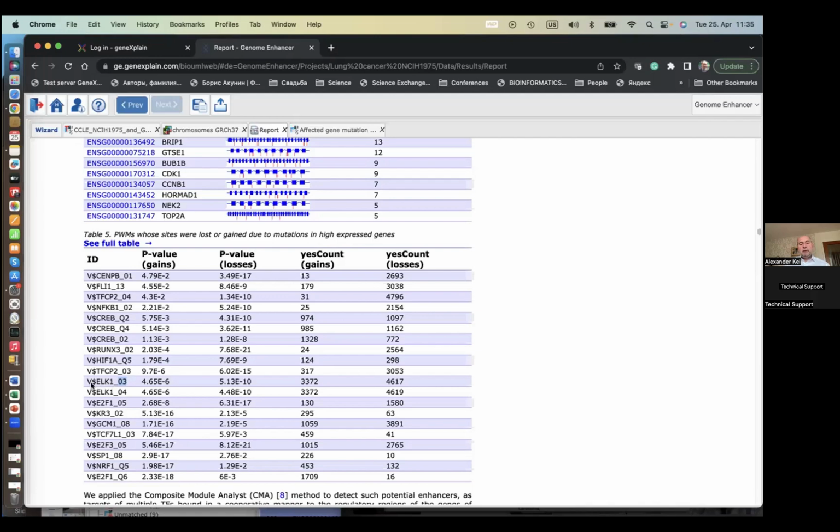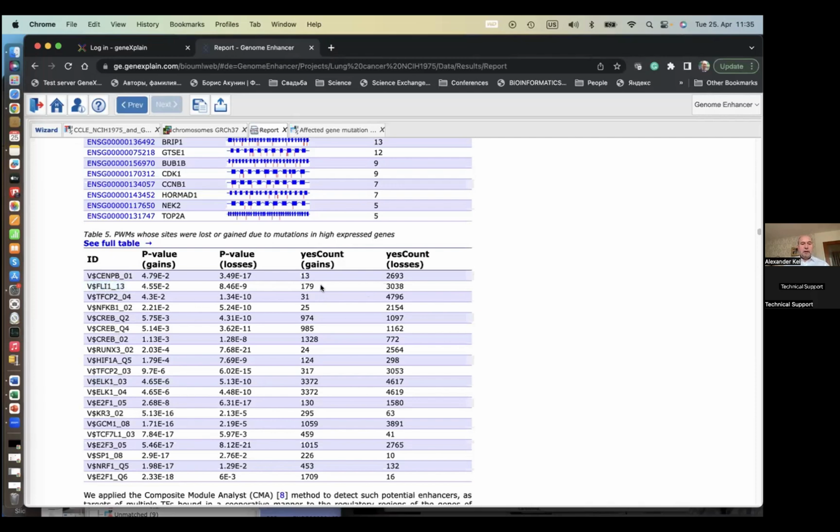For ELK, for instance, there are several matrices, matrix number 1, 2, 3, and so forth. Sometimes up to 20 or 30 different matrices for one transcription factor family, taken from different databases. So that's how these matrices are named.